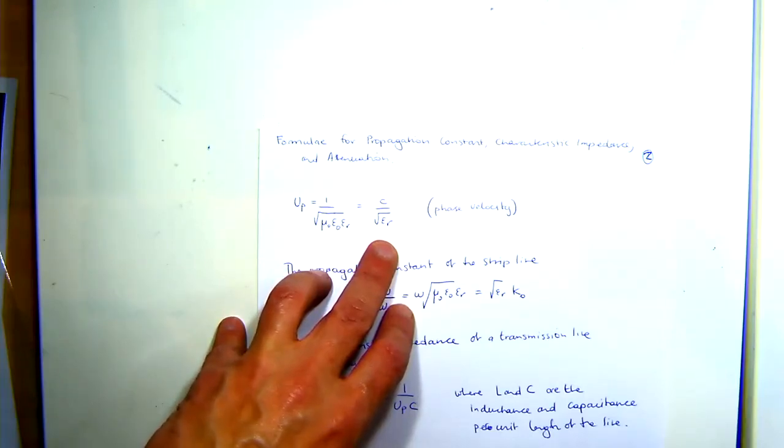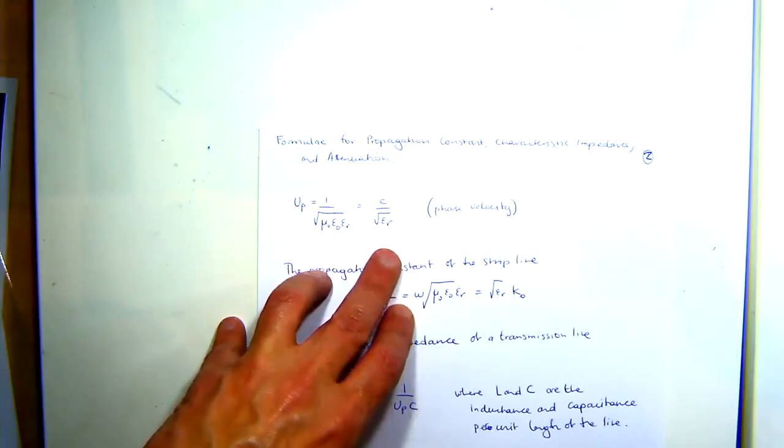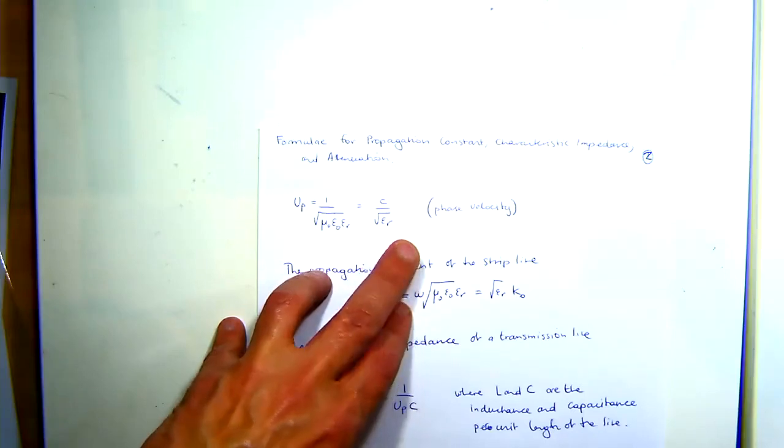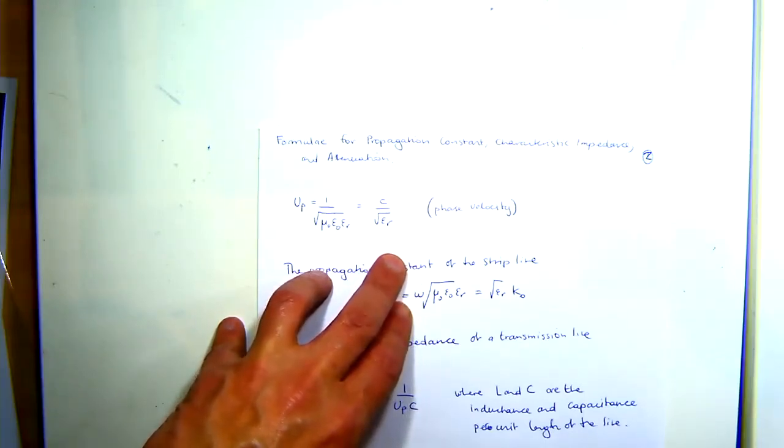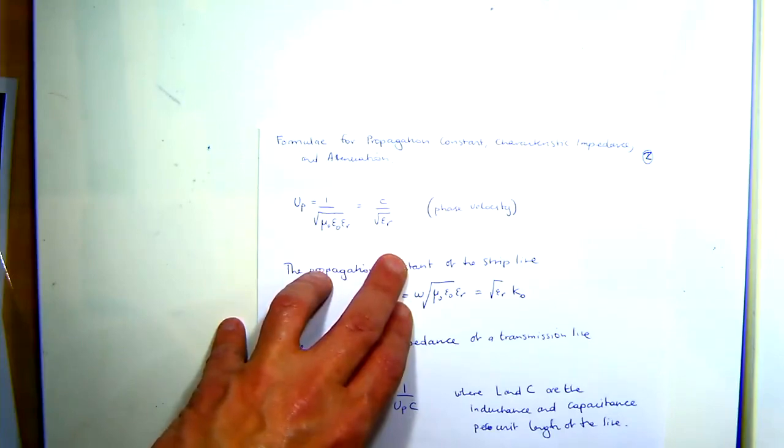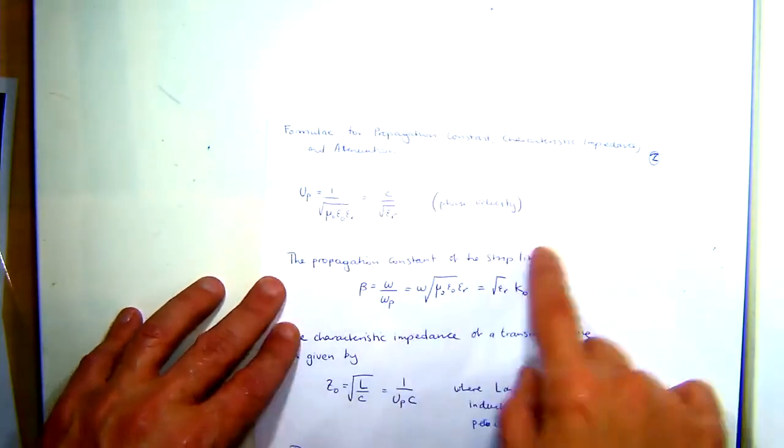And then we've said if we've got a particular medium, the speed of light in that medium is 1 on the square root of the total permeability times the total permittivity. Or we've written it as the total permittivity is epsilon R times epsilon naught, and mu total equals mu R times mu naught. Anyway, this is the phase velocity.